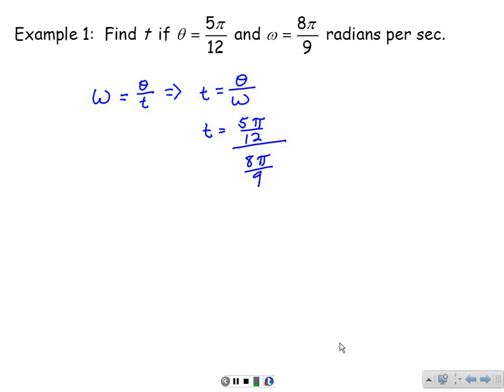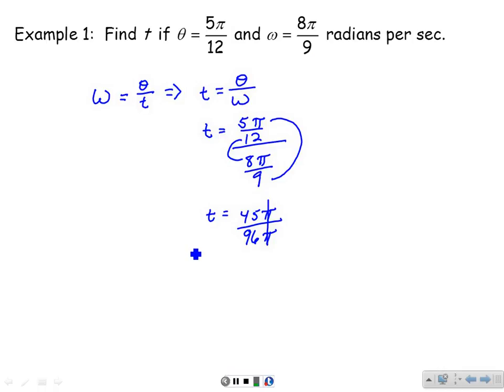And we get a complex fraction. We've dealt with complex fractions before, and so let's do skin over guts. So 5 pi times 9, skin, you're outside, is going to be 45 pi over your guts, which is going to be 8 pi times 12, which is going to be 96 pi. And we can see that radians cancel out, and that's a good thing because we need nothing but time.